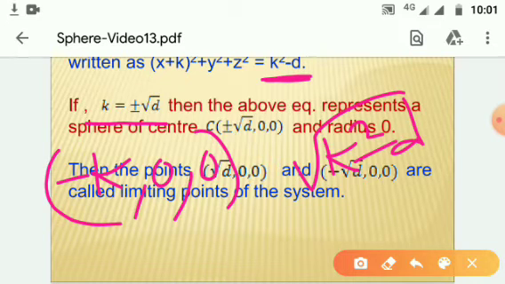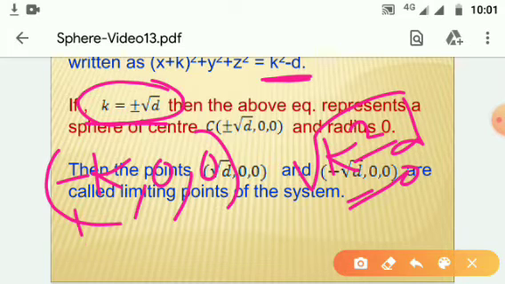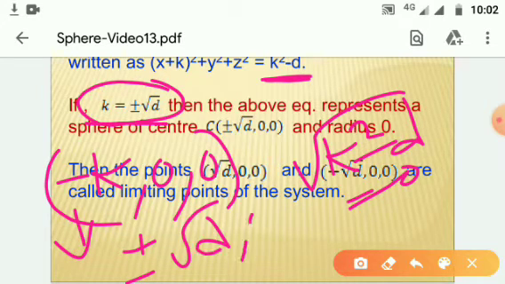Since k is equal to plus or minus root d, minus k is also plus or minus root d, so the centers are plus or minus root d 0 0. These are the two centers.